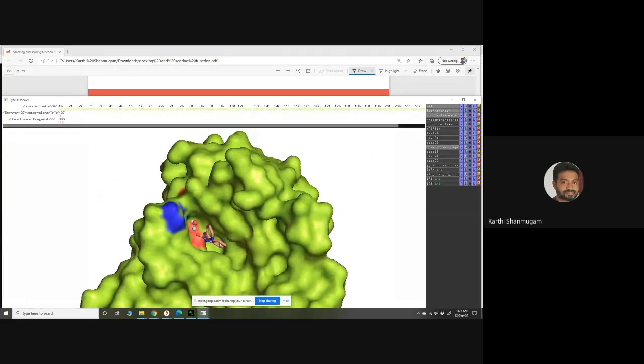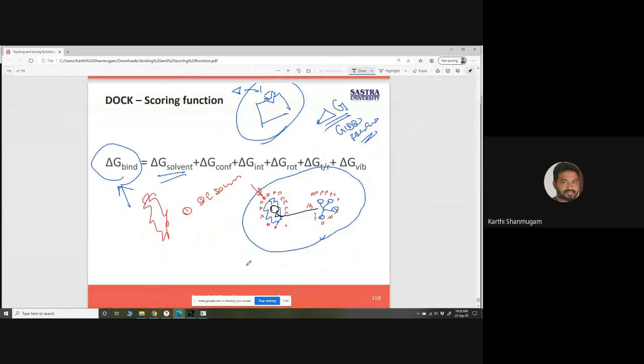The water molecules surround the site, and we have to remove a few of those water molecules to give a path for the ligand to enter into the binding site. I assume that you understand, so I don't want to take too much time asking again and again. That process is called desolvation, and we have to spend some energy.